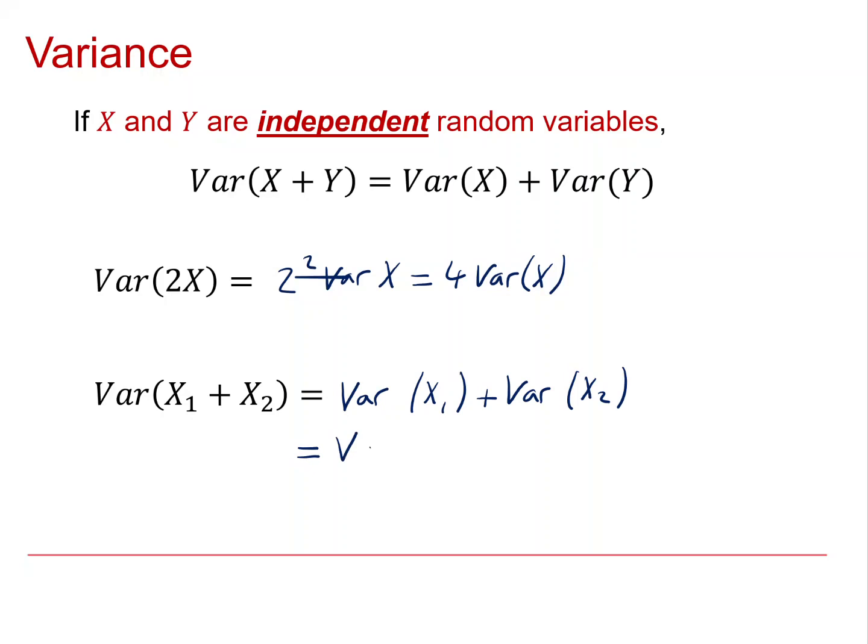Since they are distributed exactly the same, they're both going to be equal to the variance of X, and so this is going to be twice the variance of X.